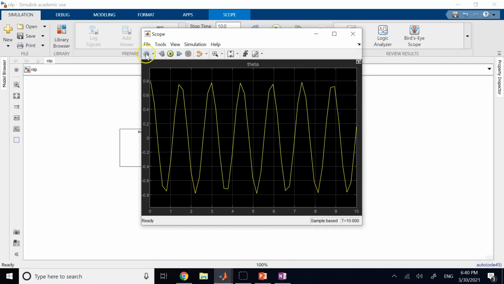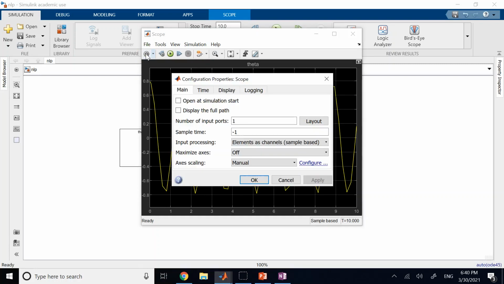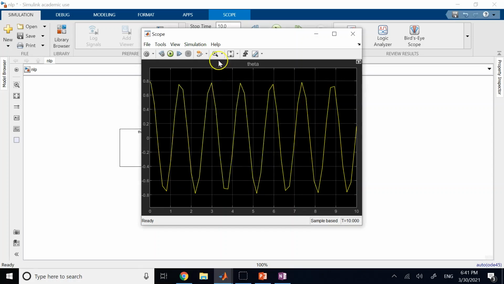Well, you go here under this gear for the scope block and change the sample time from -1, which means inherited from previous blocks, to something that you want, let's say 0.01. Okay, so in 10 seconds you're going to have about 1,000 data points, and that will make this a lot smoother. So I okay that and I run it again.